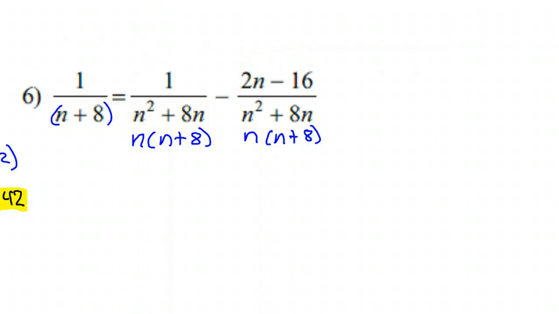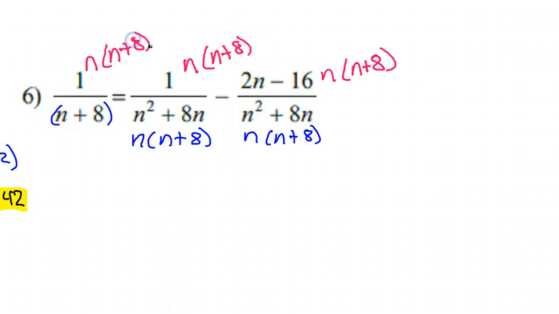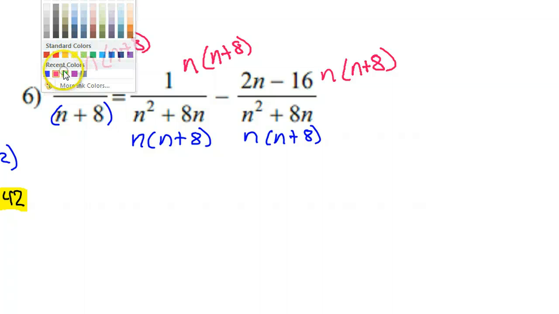So, focusing on the denominators, the only two factors I see in the denominator are n plus 8 and n. So that is what I'm going to multiply by. N times n plus 8. Okay, let's see what cancels.